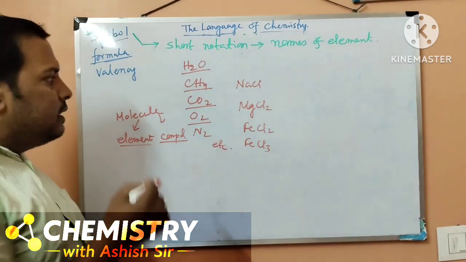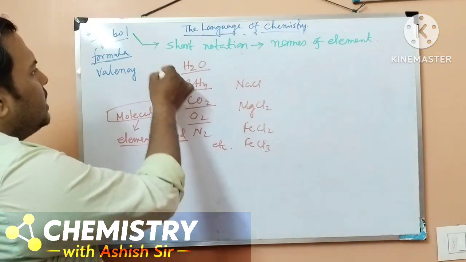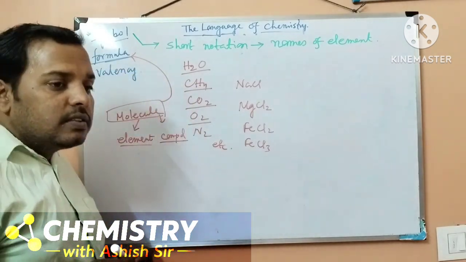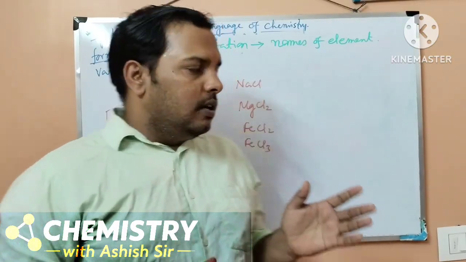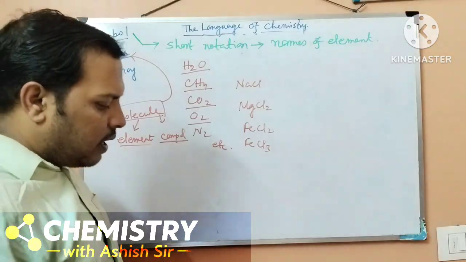That name, when represented in this kind of notation, that abbreviation is called a formula. So what is a formula? A formula is the abbreviation of the original name of the element or compound, that is, the molecule's name.